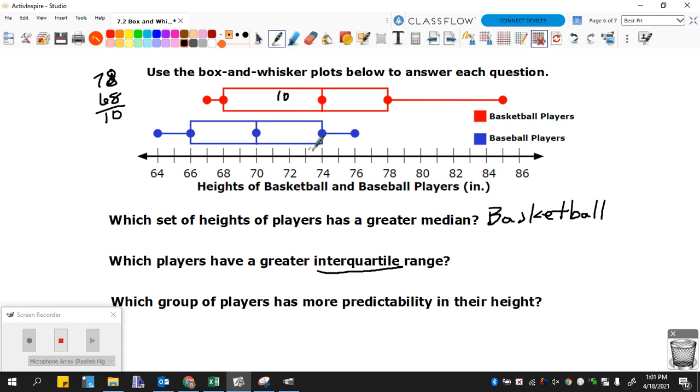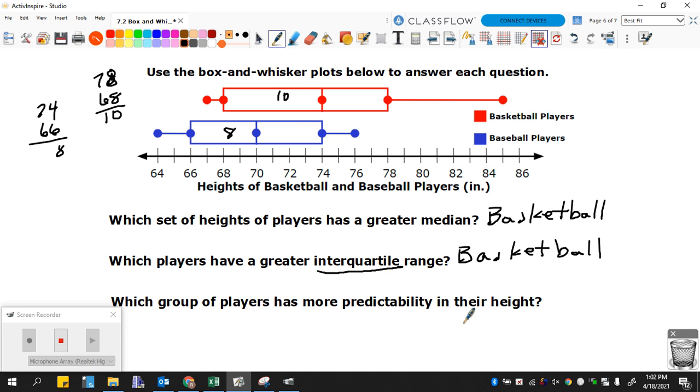Here we have 74 and 66, which is only 8, okay? So the basketball has a larger interquartile range, okay?